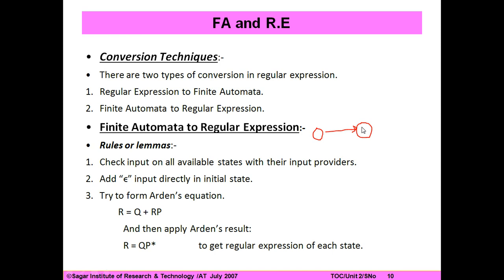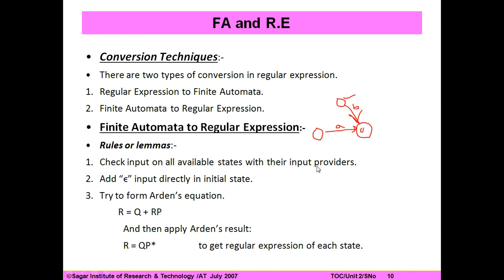If I'm talking about this state, then for this state we have two input providers. The first one is this one, and for this B input, it is going to be our input provider for this one, and this will become the second input provider. So we have two input providers for this one.